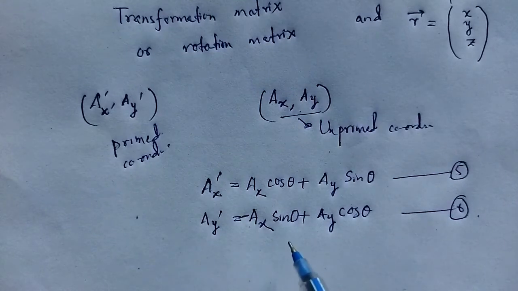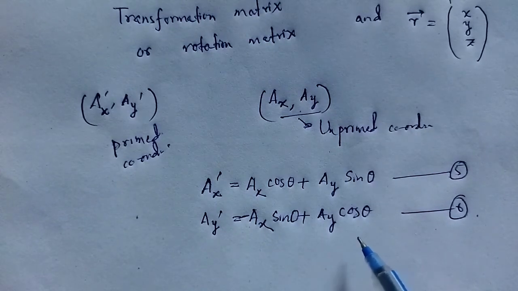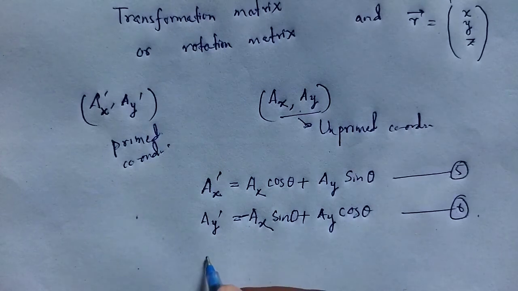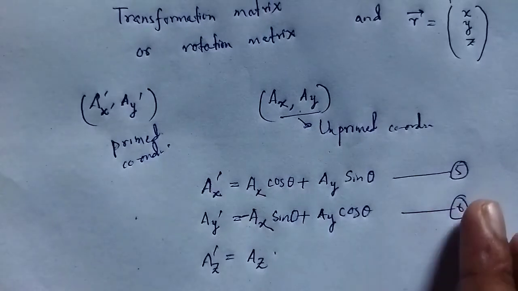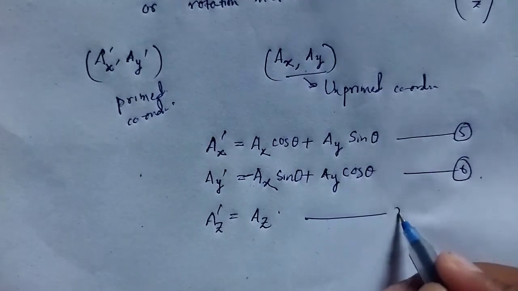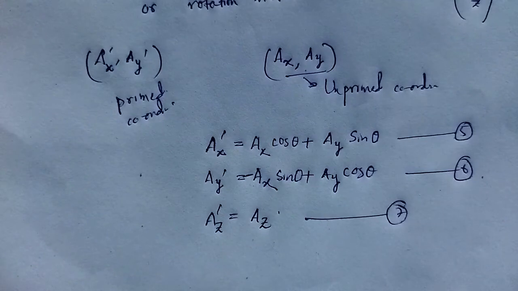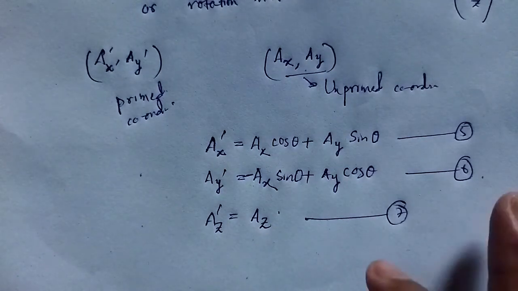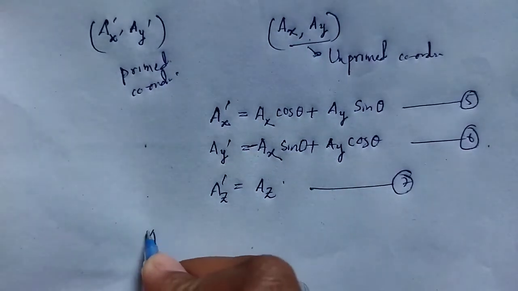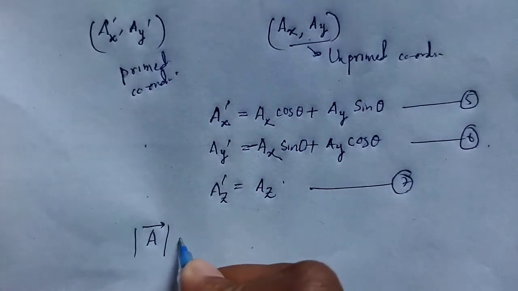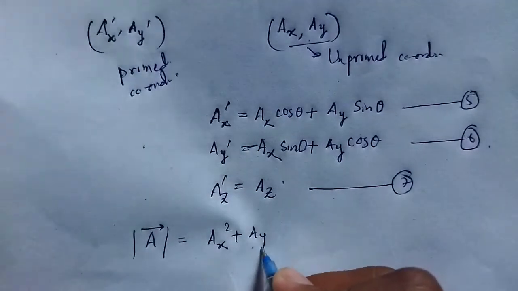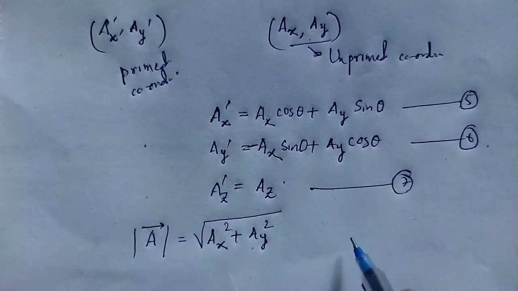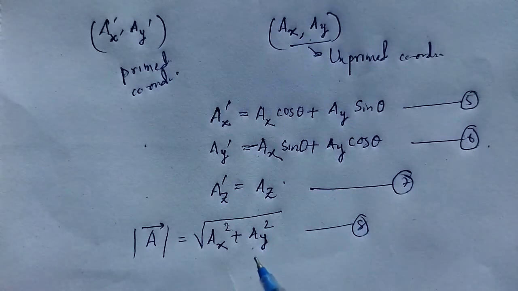Since the component of A along the z axis remains unchanged, we can write Az dash is equal to Az, the equation number 7. In terms of x and y components, we find the magnitude of the A vector as the square root of Ax square plus Ay square, the equation number 8.